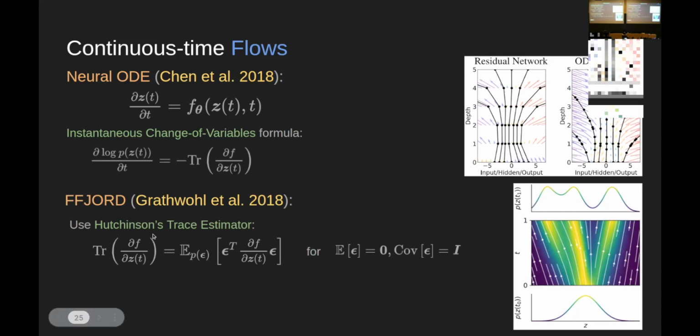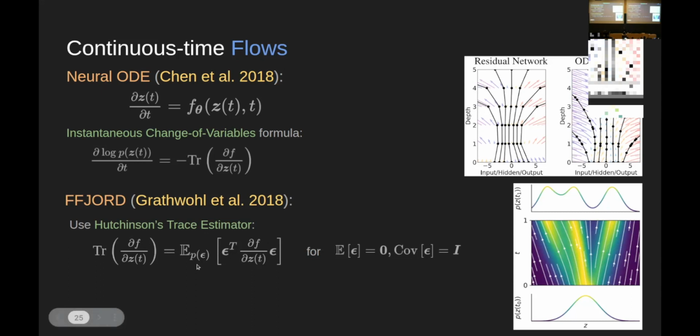And what they use is called Hutchinson's trace estimator. And that says that if I take the trace of the Jacobian, or really the trace of any matrix, it's not specific to Jacobians, this can be written as an expectation with respect to some distribution p of epsilon, of the matrix multiplied from both sides by epsilon.